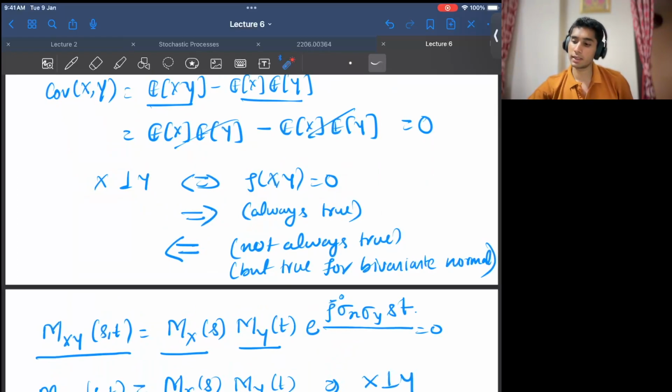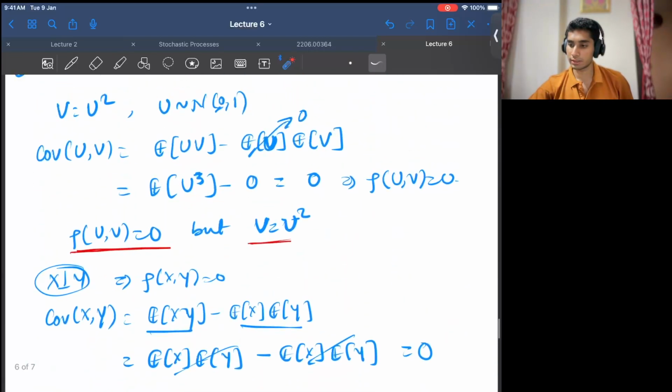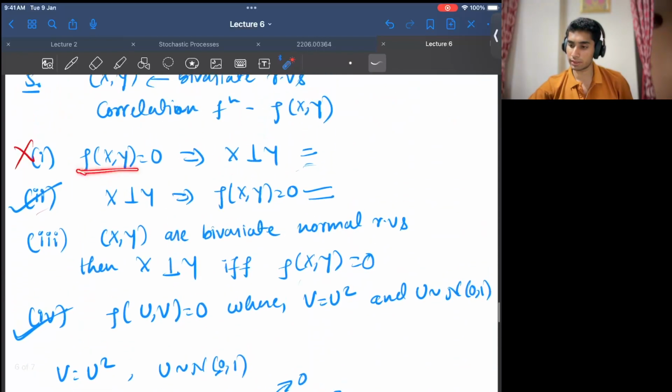Is it true that whenever x is independent of y, the correlation coefficient is equal to zero? That is the first statement, that if this is zero, then does that imply that x is independent of y? The second statement is, if they are independent, does that mean that they are uncorrelated? And the third question is, in case of a bivariate normal distribution, are both of them true?